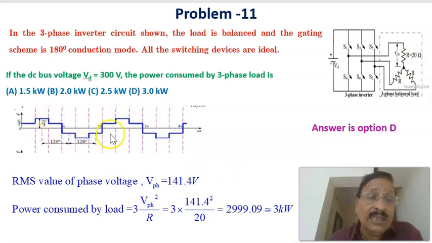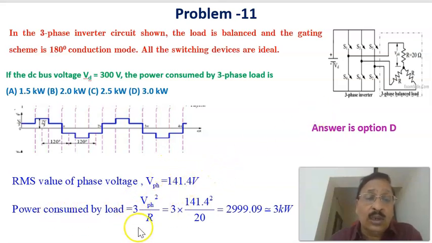Same as we have seen in the last problem, the phase voltage is plus VD by 3, plus 2VD by 3, plus VD by 3, minus VD by 3, minus 2VD by 3, minus VD by 3. That is one cycle, and we have calculated the RMS value of this voltage, which is equal to 141.4 volts.